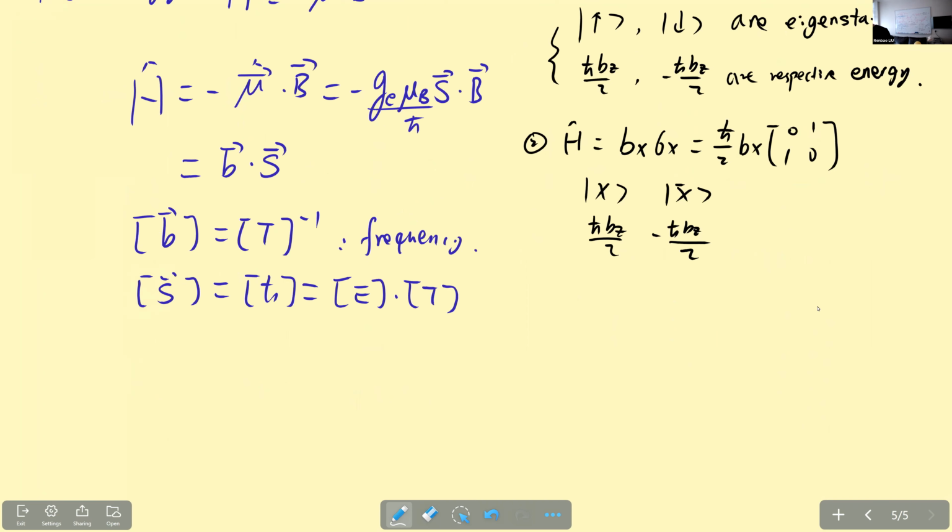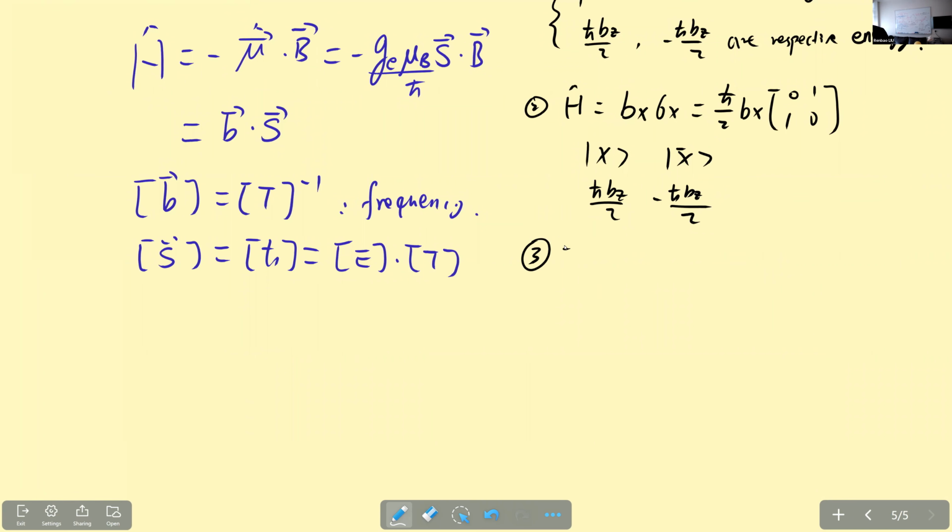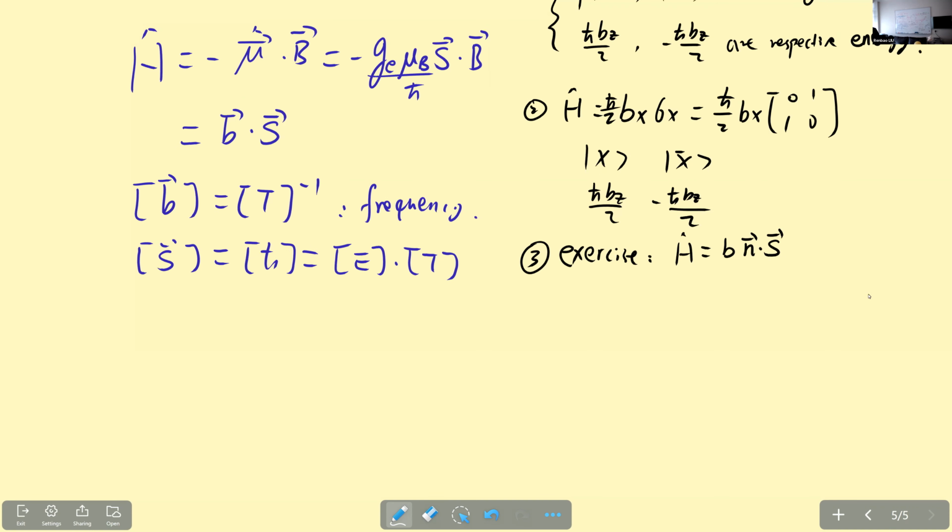As an exercise, you can do something like this one. You can find that if you have a Hamiltonian that equals b times m dot S, so this is h bar over 2, that has the correct dimension.